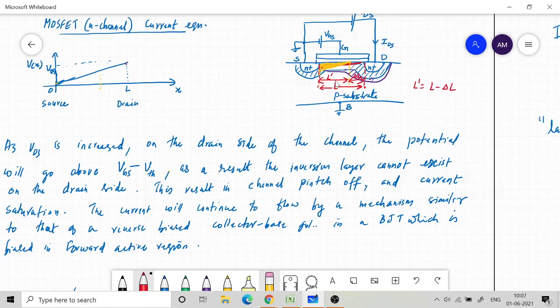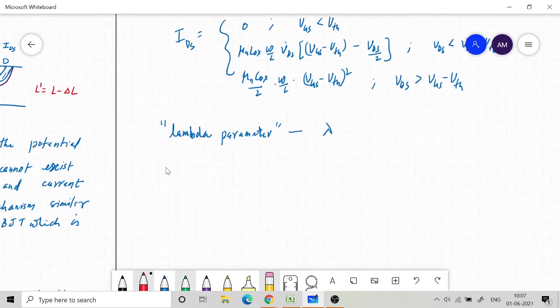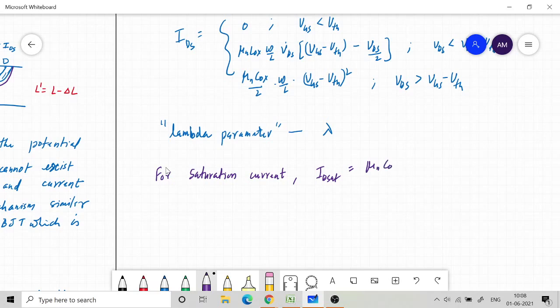We need to take that into account, because for saturation current we need to consider some second order effect in order to make it more accurate. For saturation current, ID sat, if I rewrite it: mu n Cox by 2, then W by L, then VGS minus VTH the whole square. Here I have taken this as L, but I should actually take L dash.